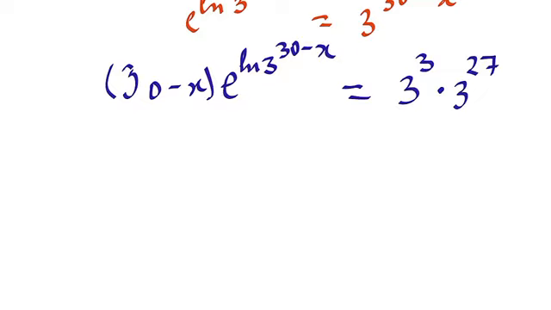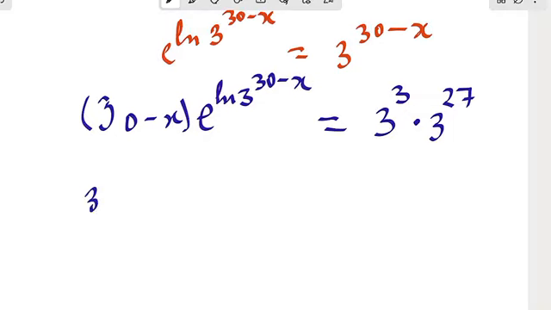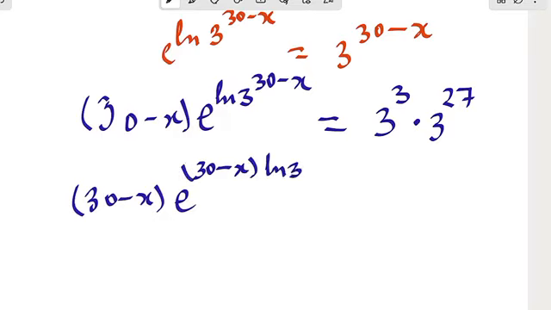Now you can see there's something we can do. We can rewrite this as 30 minus x, and e to the power of this 30 minus x will come down, multiplying ln of 3. That is from the law of indices.